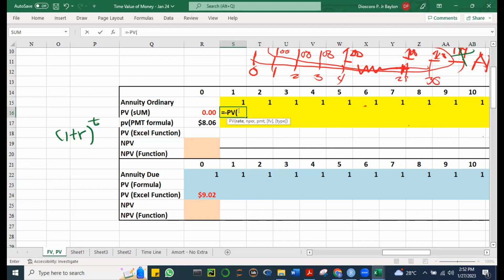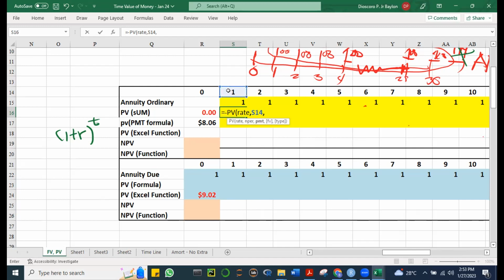The rate is 12%, then comma. What's N per? You have different cash flows here, and each of these cash flows has a different number of periods. For the first one, it's N per 1, and we don't need to fix this because we're going to copy this formula to the right.